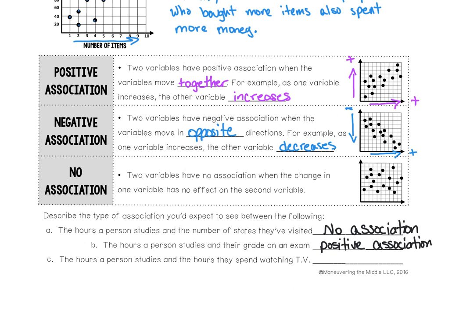The book could be open or could be out, but you're not really putting in that work like you should. So it's going to be an opposite direction, therefore a negative association. All right, there you go.